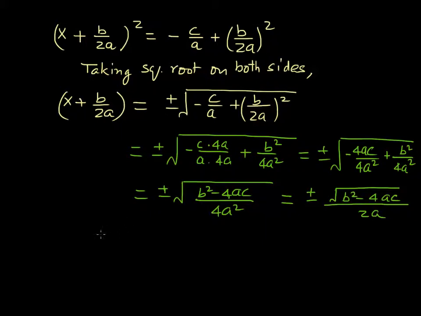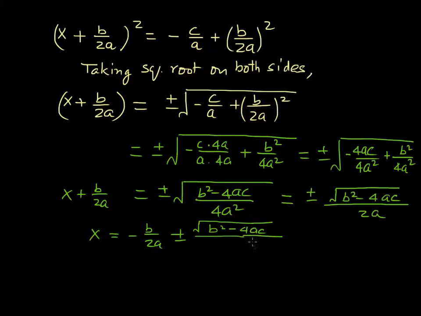Right? Now what I'm going to do, the left hand side we had x plus b upon 2a. So I'm going to transfer this part to the right hand side, so we get here x equal to minus b upon 2a, right? And plus minus, and then we have a line here, and then under root b square minus 4ac upon 2a.